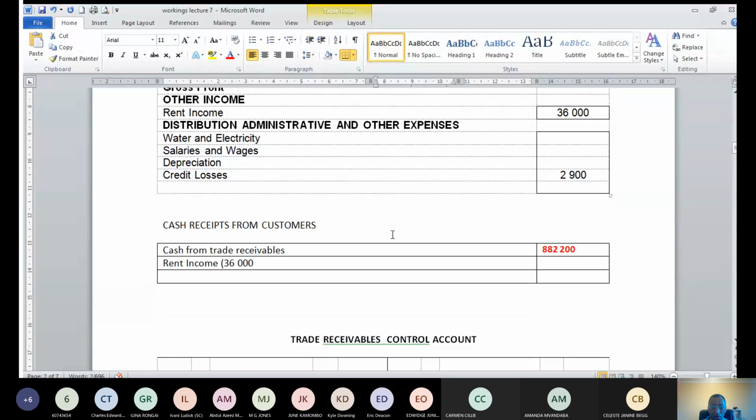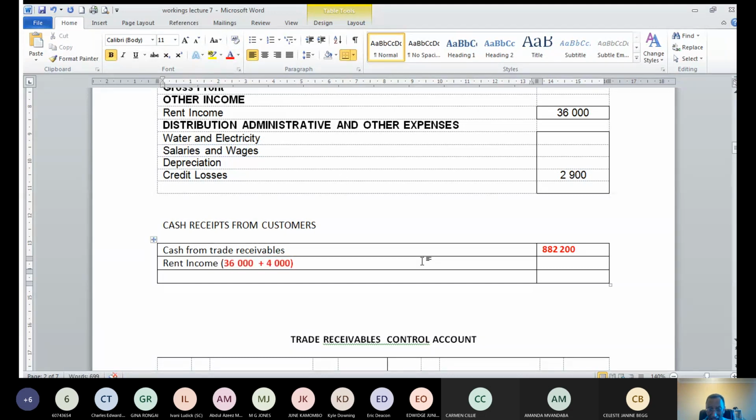So go back now to your cash receipts from customers, which consist of cash from trade receivables and rental income. And the rental income, the 4,000 Rand. Remember, this is now income received in advance. Income received in advance means we receive the money during this year, even though the money is for next year, we received it during this year.